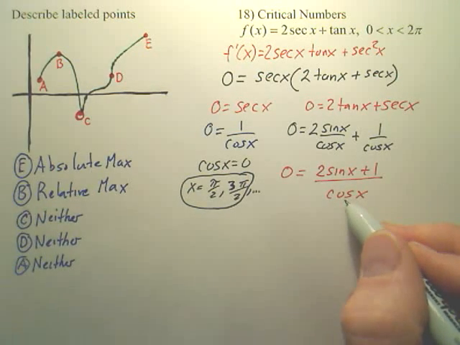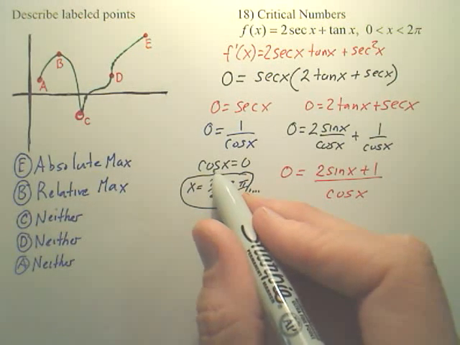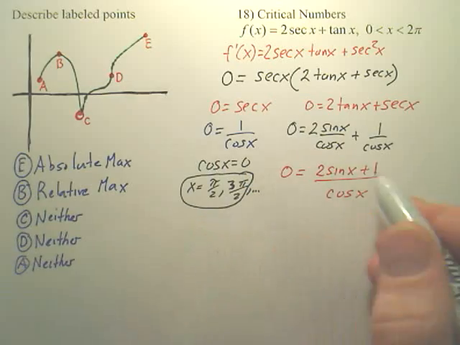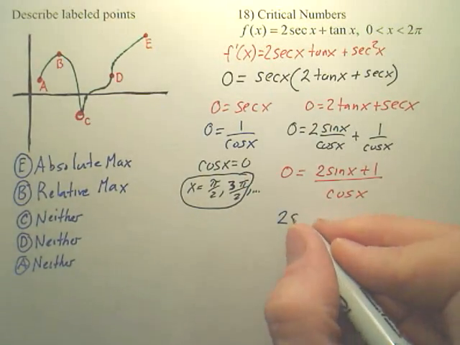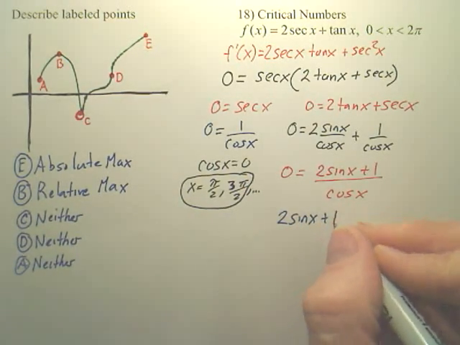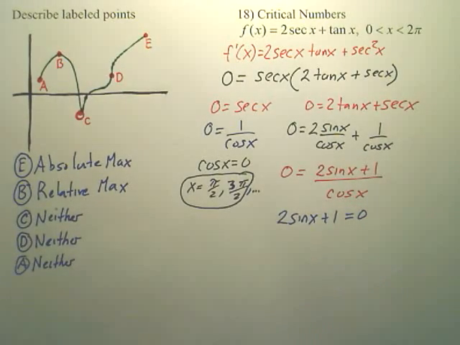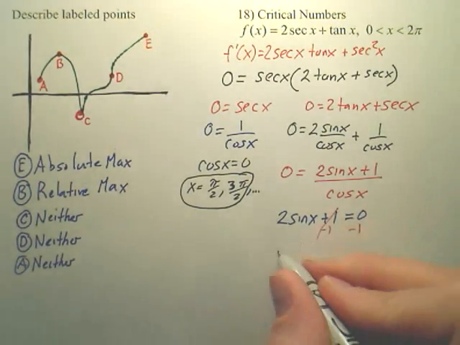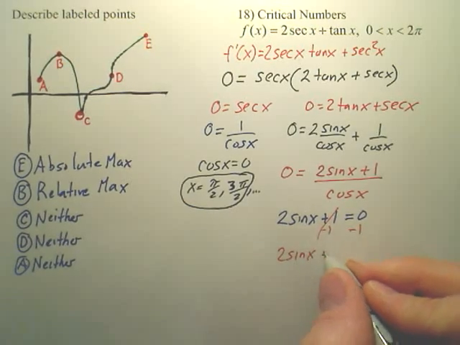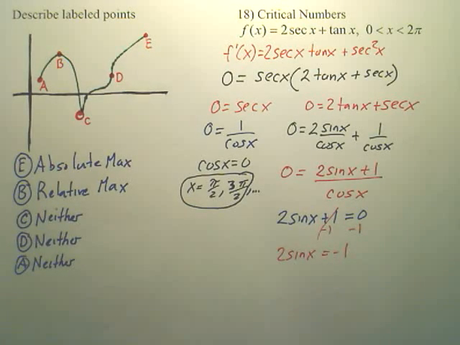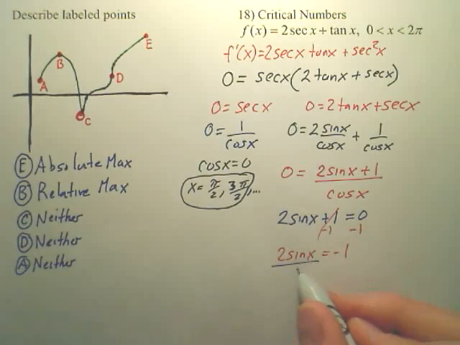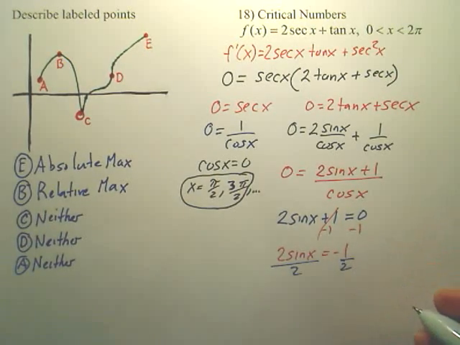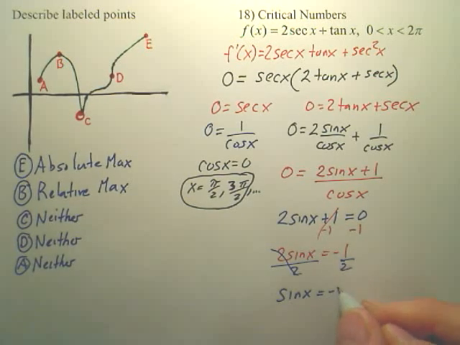Do I need to set the bottom equal to 0? No, I did it already. So I don't need to go cosine again. But if I set the top equal to 0, well, you can solve this. If you subtract the 1 and then divide by 2, you get sine x equals negative 1/2.